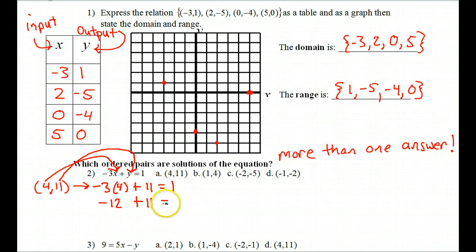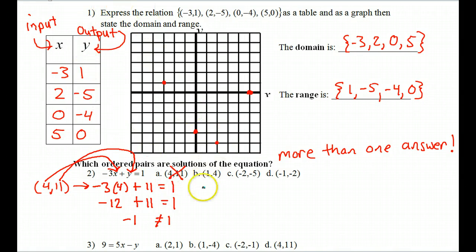So we have negative 12 plus 11. Does that equal 1? Well, no it doesn't, because negative 12 plus 11 is equal to negative 1. Alright, and negative 1 does not equal positive 1.